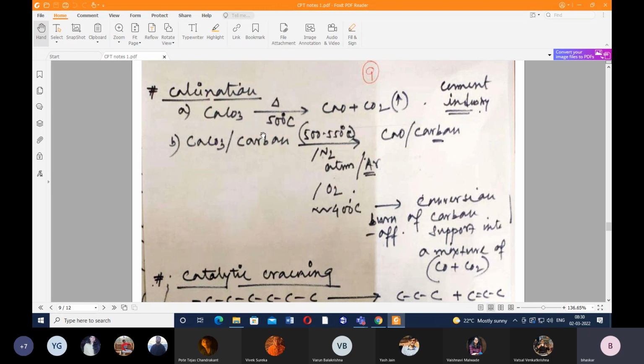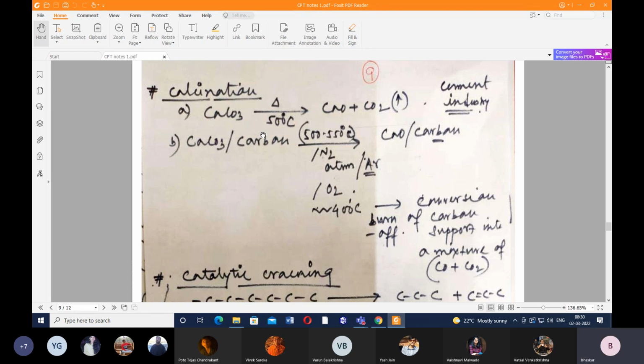The area under the peak I will consider. Suppose at 500 degrees Celsius I have got more area under the peak. Then the calcination temperature would be that temperature, 500 degrees Celsius.